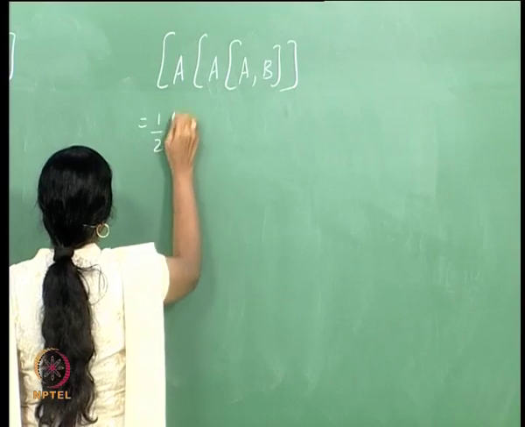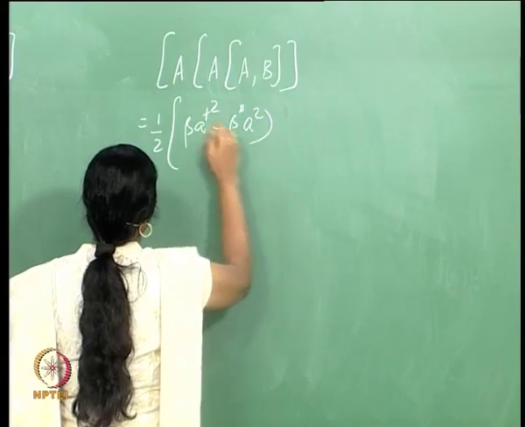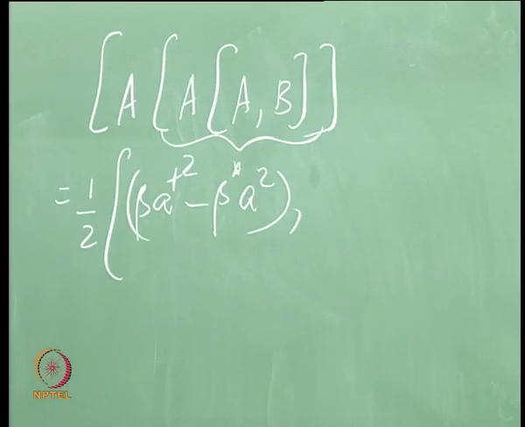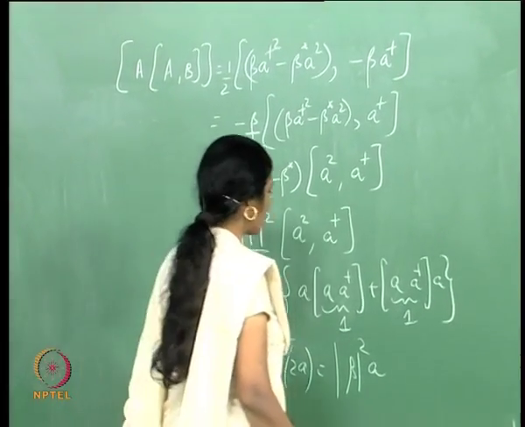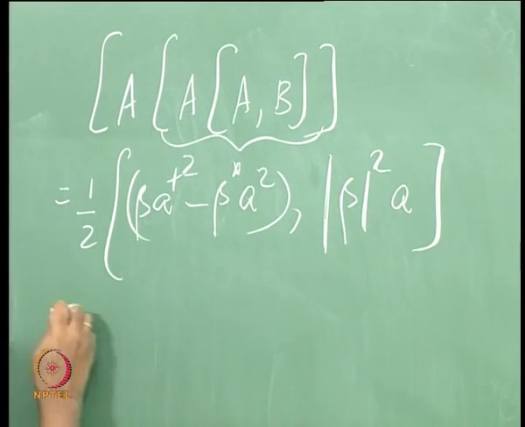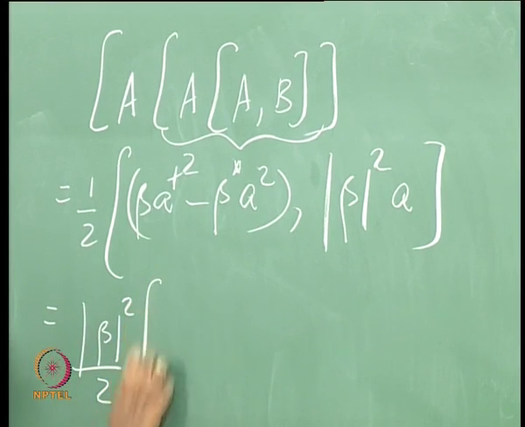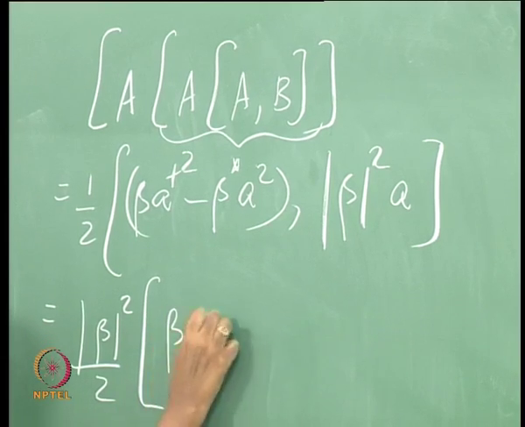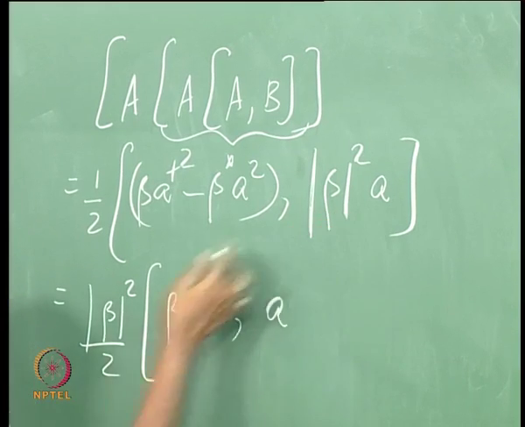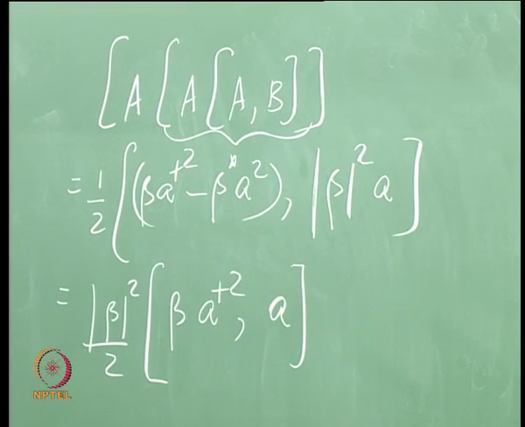That is the same as half commutator of beta A dagger squared minus beta star A squared with this commutator, which is what I have put down here, mod beta squared A. I can pull out the mod beta squared. The first term is the commutator of beta A dagger squared with A, because I have pulled this one out here. The second term does not contribute because A squared commutes with A.